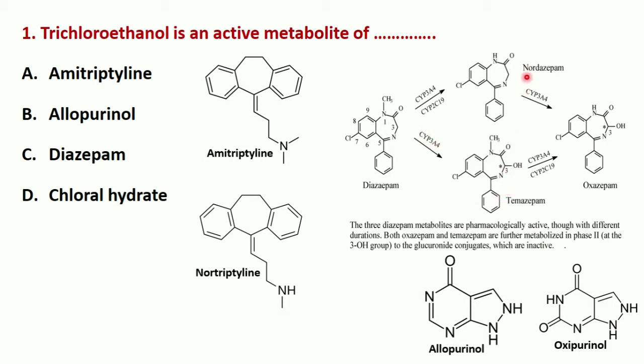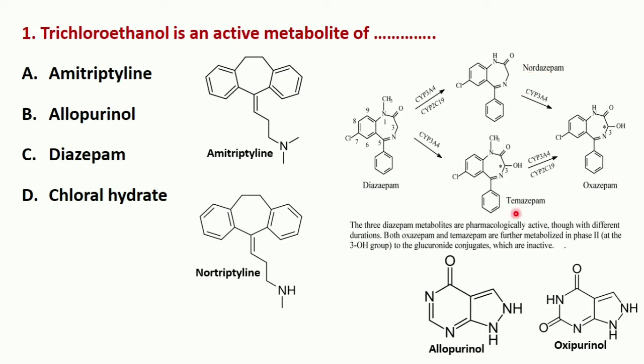Next, after nordazepam or temazepam, it is converted into oxazepam. Temazepam, by removal of the methyl group, gives oxazepam. In the case of nordazepam, by addition of an OH group in the third position, it produces oxazepam. So for diazepam, the active metabolite it is finally giving is oxazepam, and nordazepam and temazepam are intermediates.